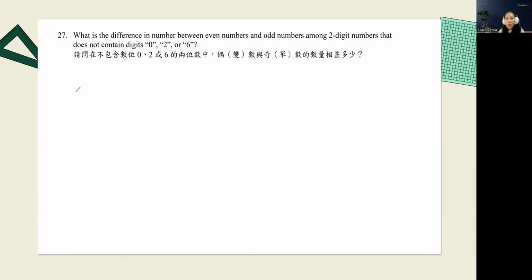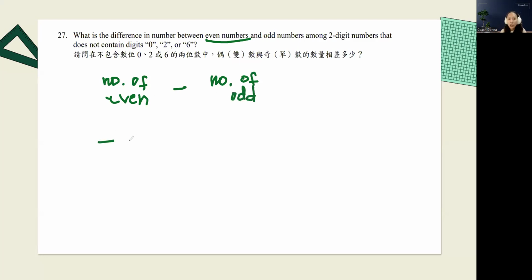So the difference in number between even and odd: the number of even minus the number of odd, that are 2 digits only.